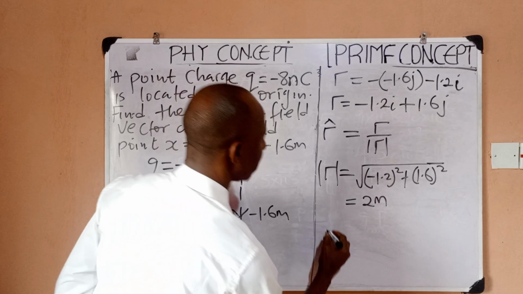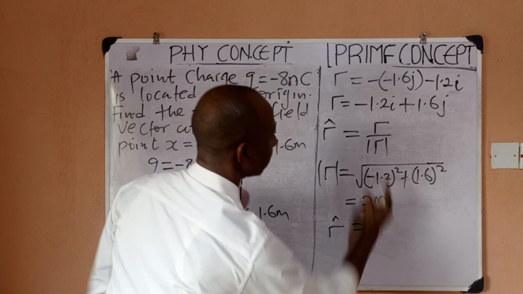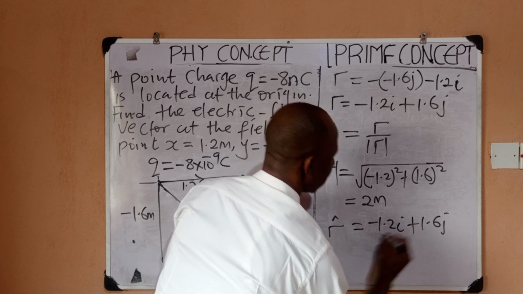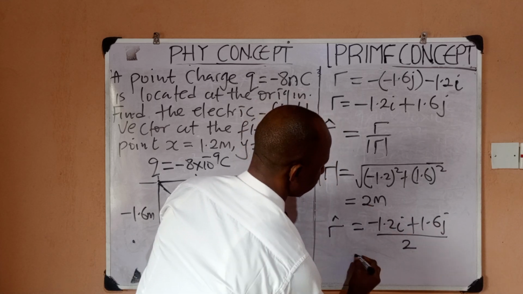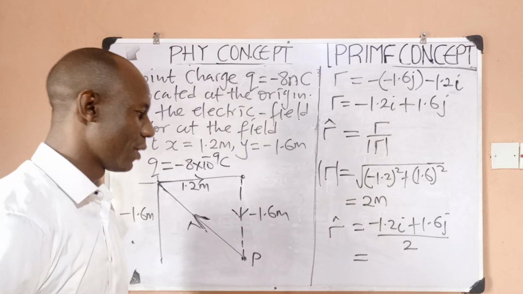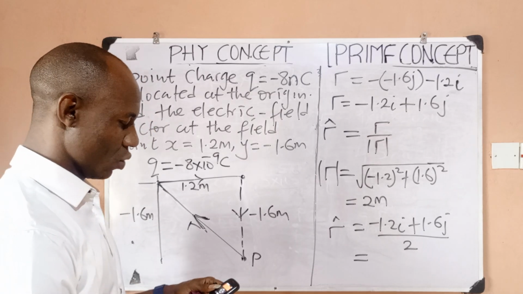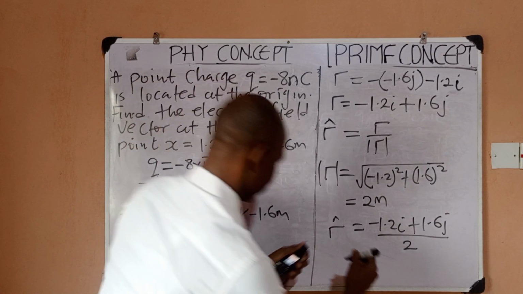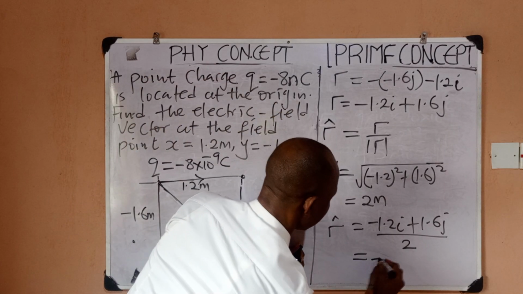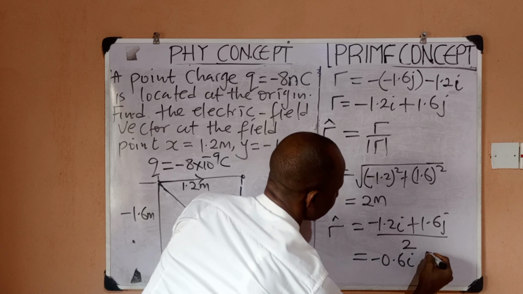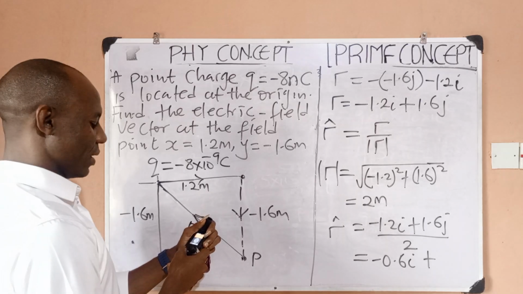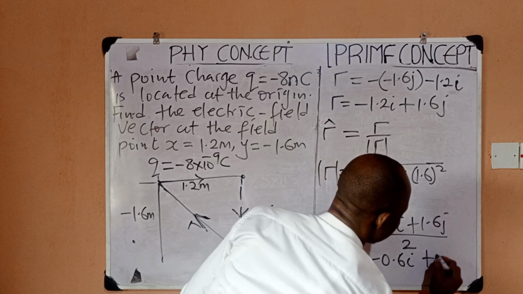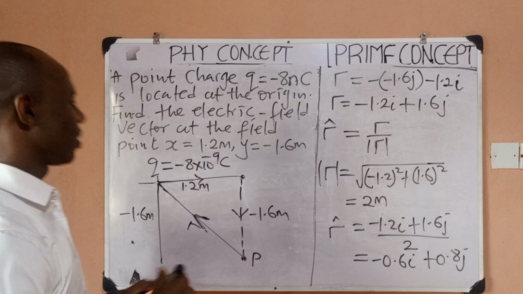Now, what is our unit vector going to be? Our unit vector is simply minus 1.2i plus 1.6j divided by 2. If you solve this quickly, this will give us negative 0.6i plus 1.6 divided by 2, which gives 0.8j. So that is what I have.